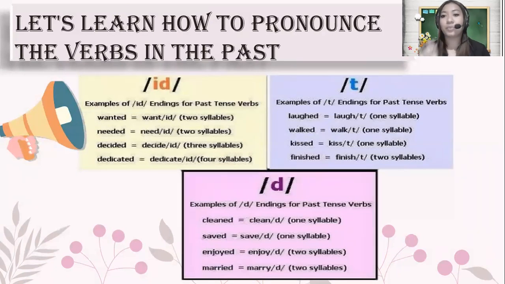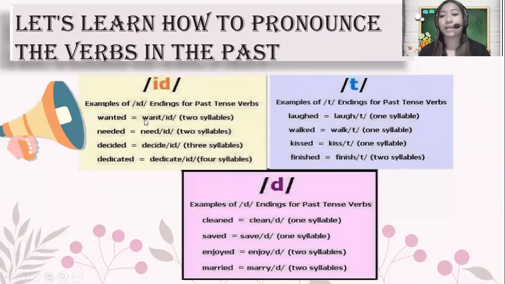So rule number two: for all of the verbs ending in a voiced sound, we have to add a D sound at the end of the verb. So it's going to be like this: clean, in the past cleaned; save in the present, and in the past it's going to be saved. So rule number three: for all of the verbs ending in a consonant T or D, we have to add id at the end of the verb.